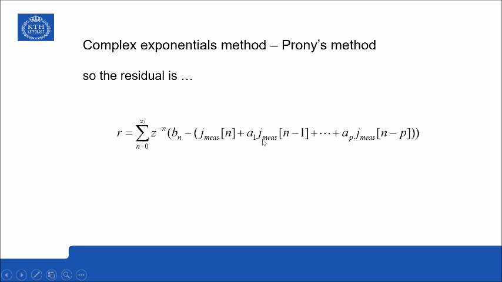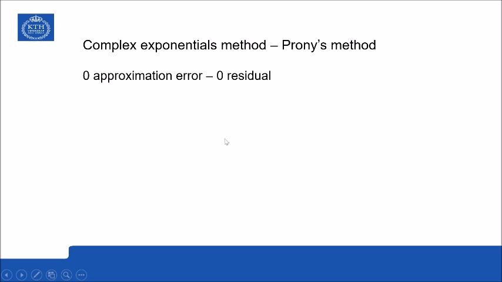But the impulse response function for minus 1 is 0, because the impulse response function is 0 for times smaller than 0, because we have a causal system. So all the remaining terms here are 0. So for n equals 0, we only have these two contributions. So this must be 0, if the residual should be 0.